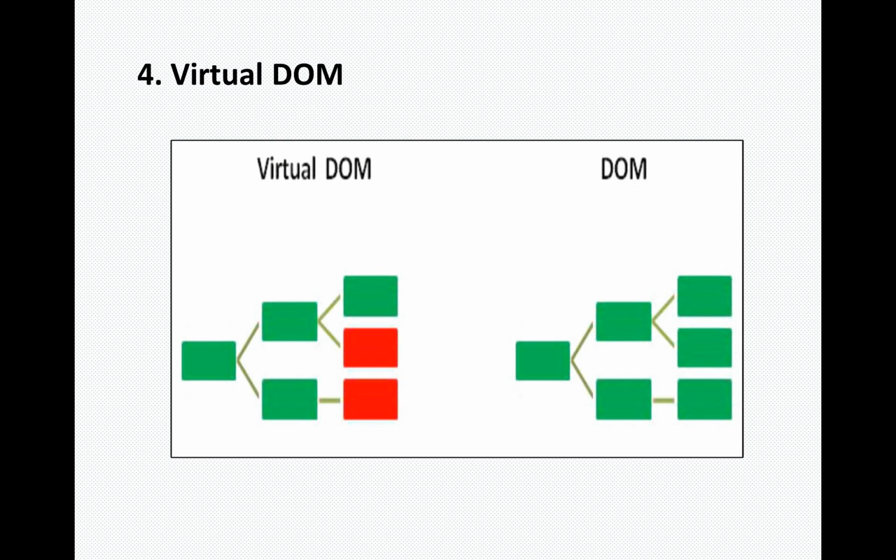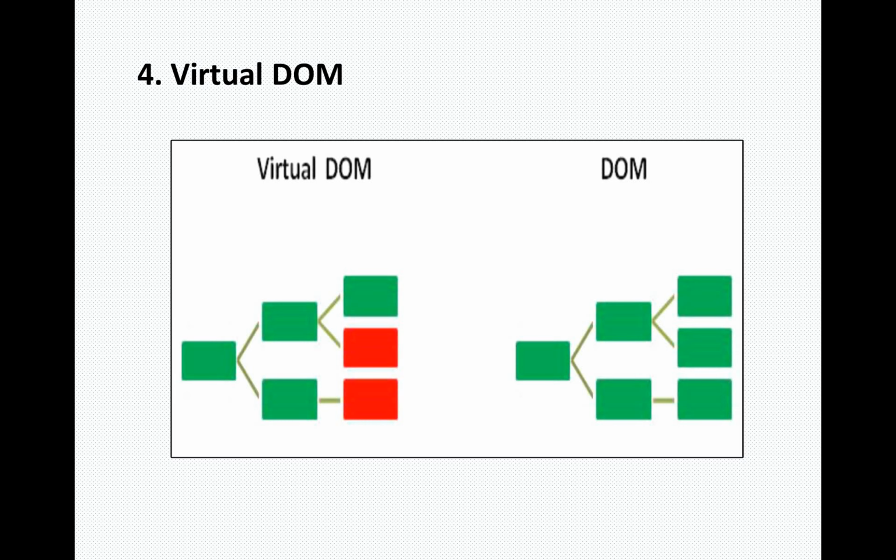And the fourth one is virtual DOM. You can see the right side is DOM, the left side is virtual DOM. With a DOM, let's suppose at the last node I'm making some changes, then first the root node is rendered, then child, and then grandchild on the third level.